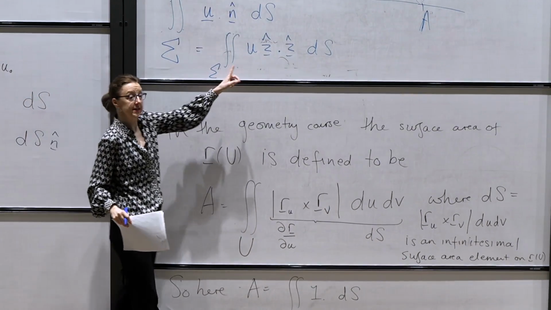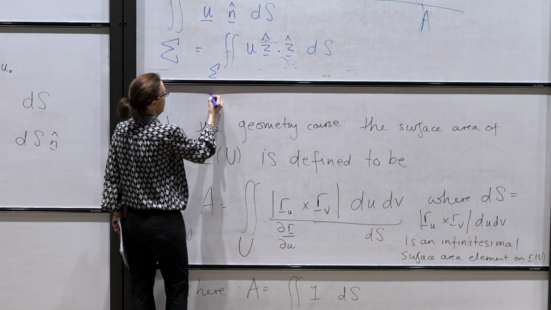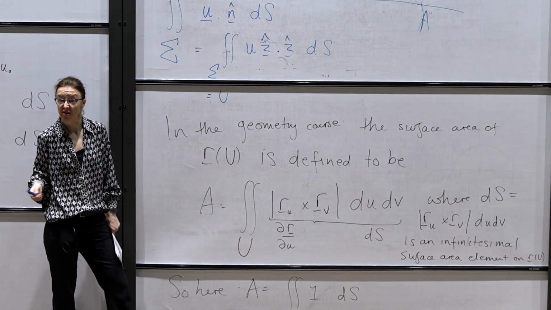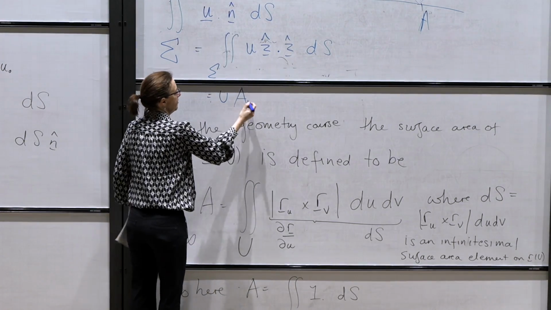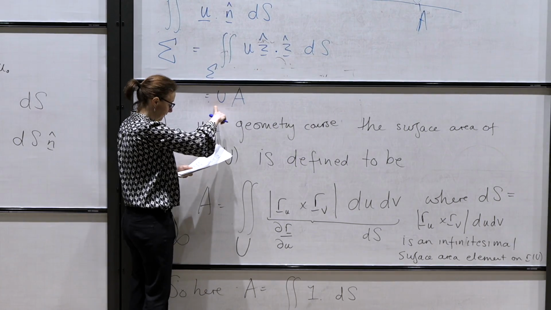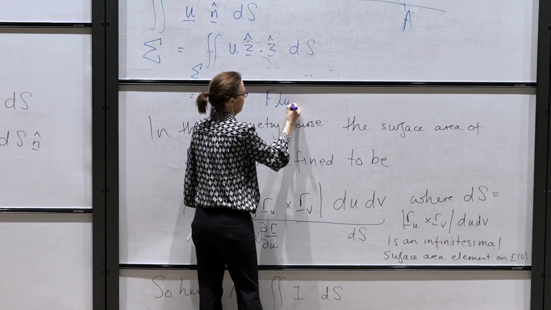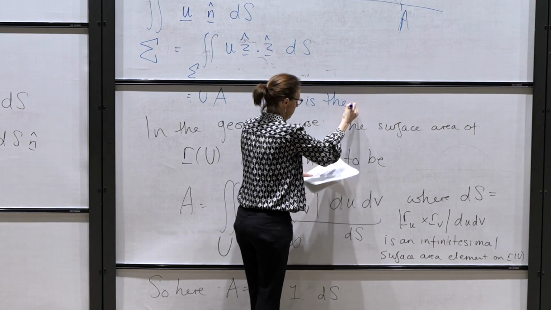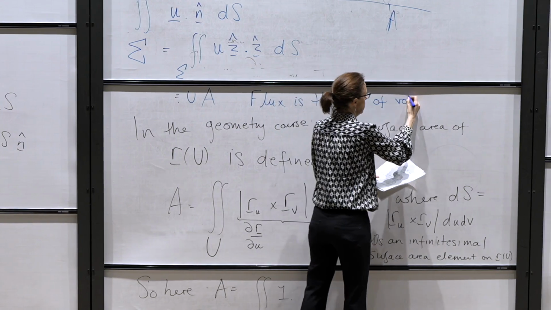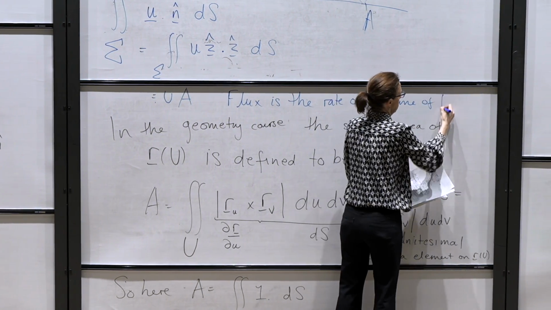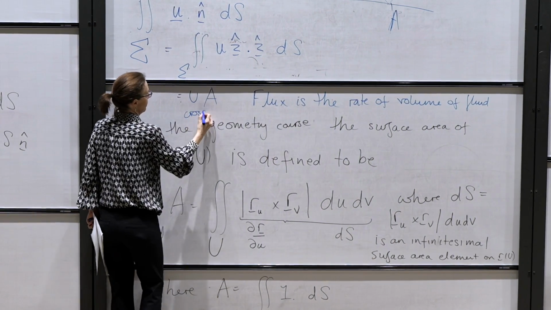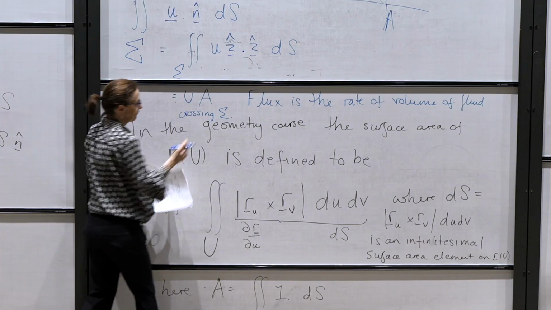So z dot z is 1, u is a constant, so I can pull it out, and then the integral over the surface, ds, is just the area of the surface, so this just becomes u times A. Okay, and so this is the flux of fluid, or the rate of the volume of fluid crossing my cross-sectional area, sigma.